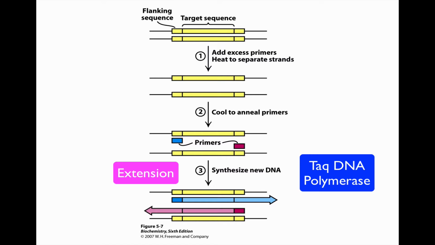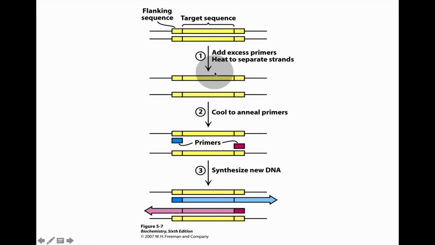That allows the enzyme to survive in these high temperatures, 95, 55, 72, back again to 95, because we do these three steps about 30 to 35 times in normal PCR, and as high as 40 to 50 times in other applications of PCR that we'll discuss shortly. So it's very important to realize why we need a thermostable DNA polymerase, known as Taq DNA polymerase.